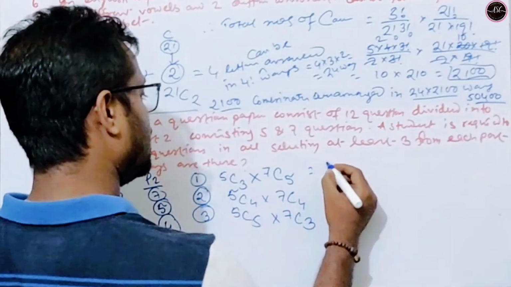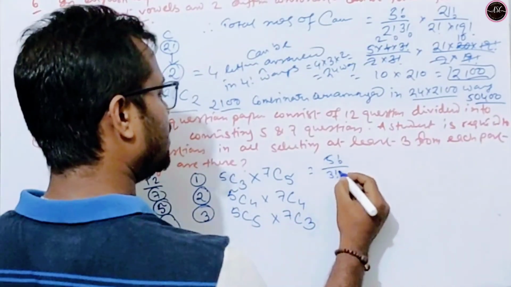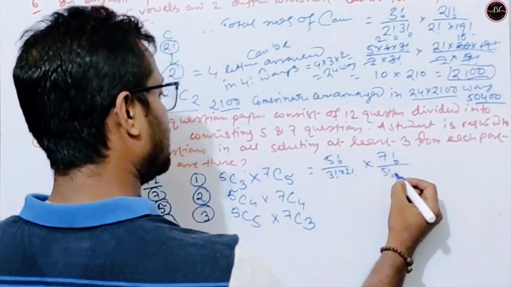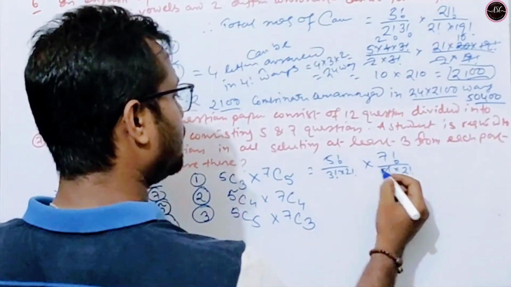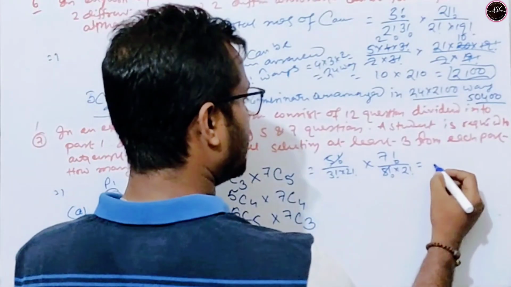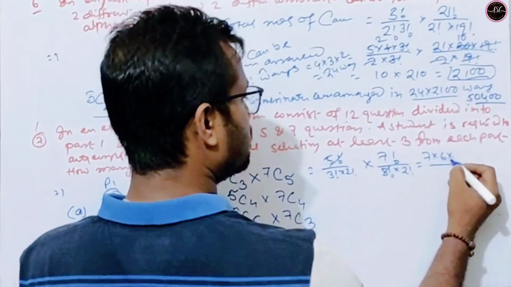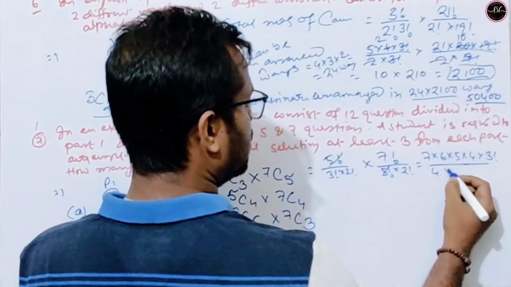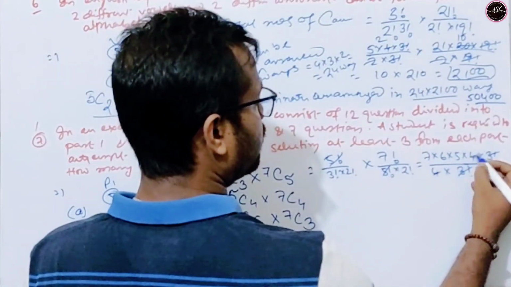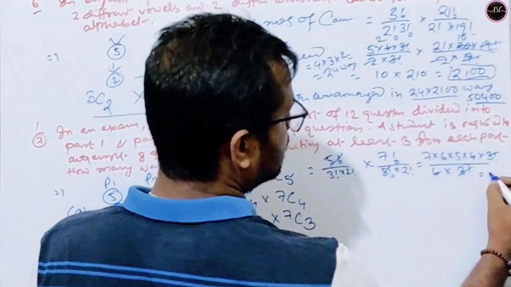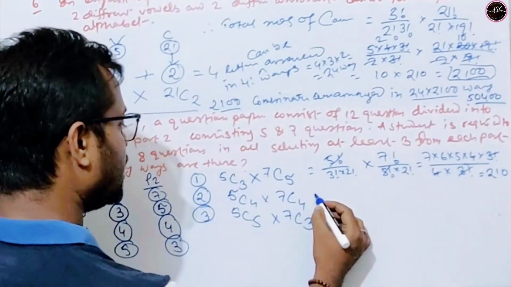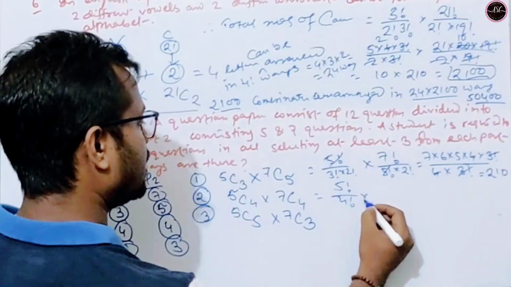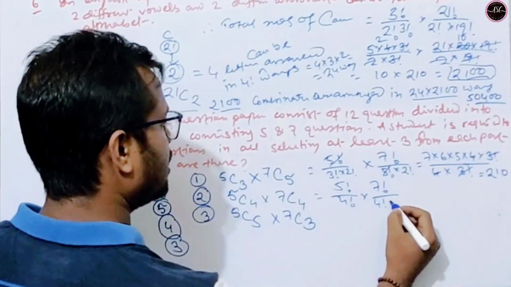Just calculating this, we get 5 factorial divided by 3 factorial into 2 factorial, into 7 factorial divided by 5 factorial into 2 factorial. 5 factorial will be cancelled out, and here will be 7 into 6 into 5 into 4 into 3 factorial divided by 4 into 3 factorial. Just cancel, we get 210. Okay, and here if we solve this, we have 5 factorial divided by 4 factorial into 1 factorial, into 7 factorial divided by 4 factorial into 3 factorial.